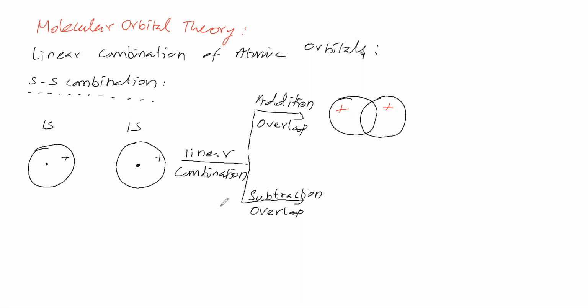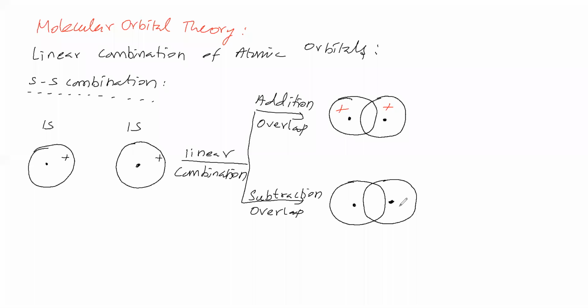Then subtraction overlap. This 1s orbital will take the other 1s orbital, with a nucleus for each atom. This 1s orbital goes for overlapping with that 1s orbital.